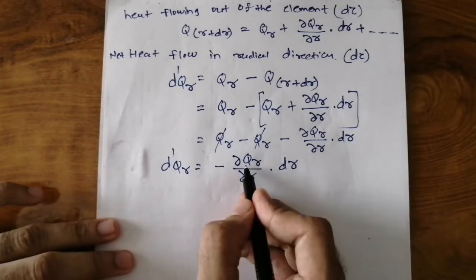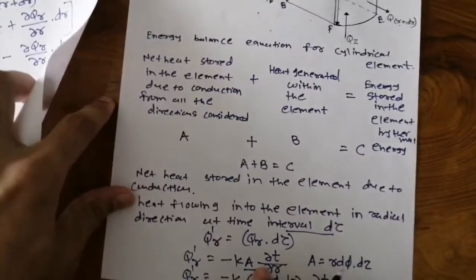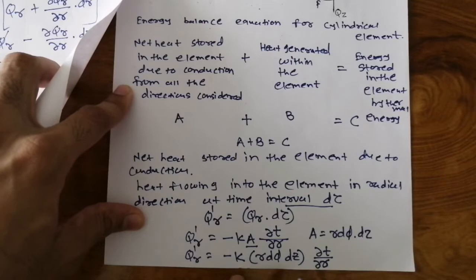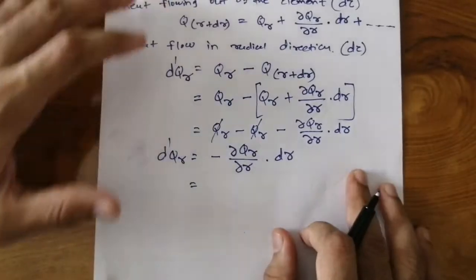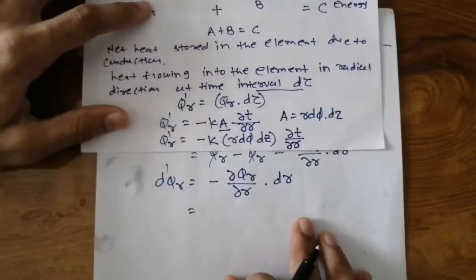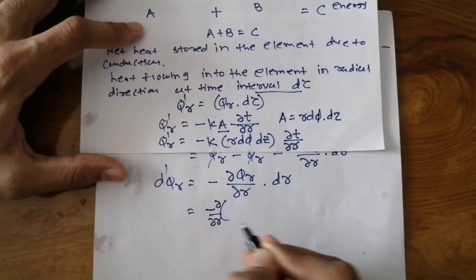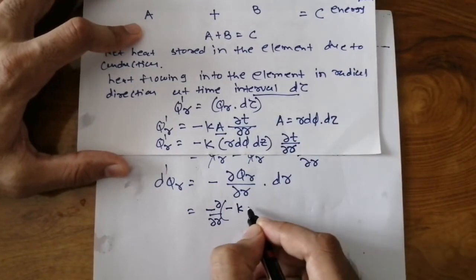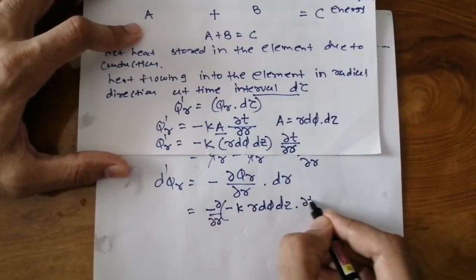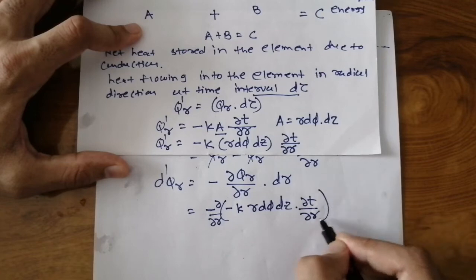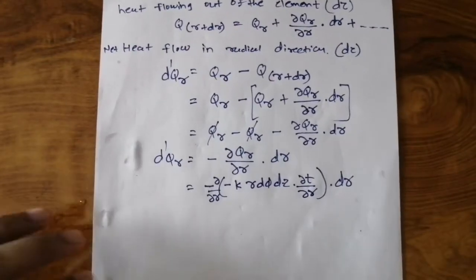Now we write the value of QR here. What is QR? We already wrote that QR is equal to minus k r d phi dz del t by del r. So we should put it here: minus del by del r of QR, meaning minus k r d phi dz into del t by del r, into dr. Over.